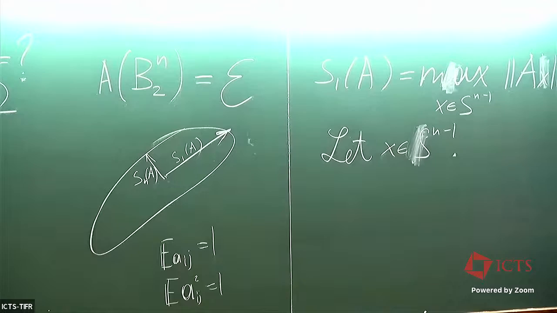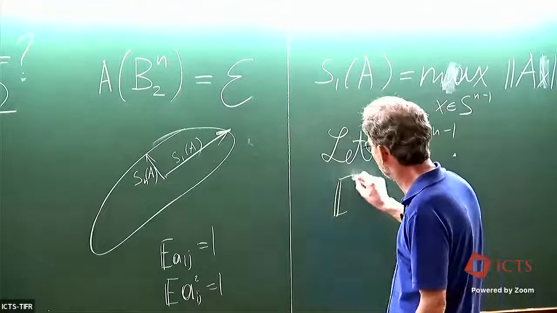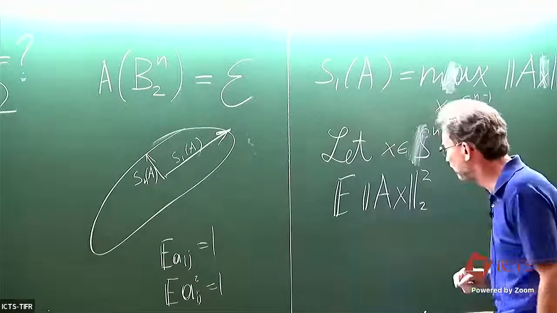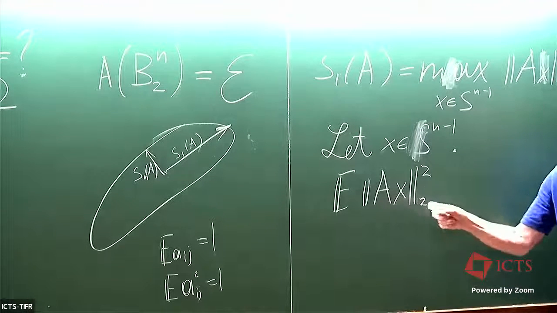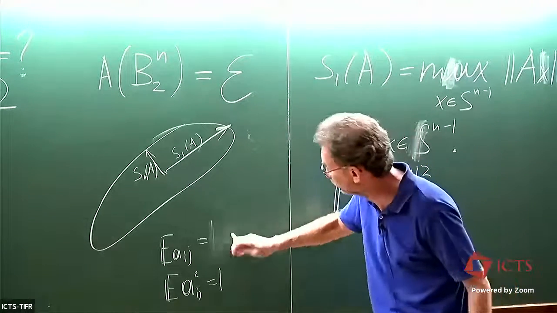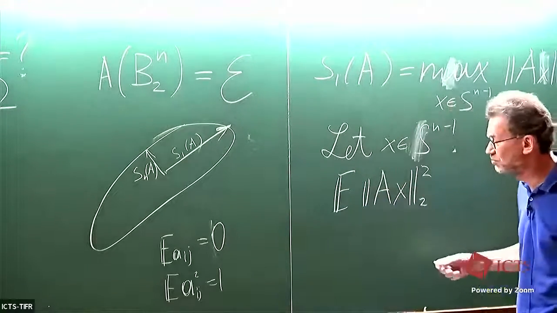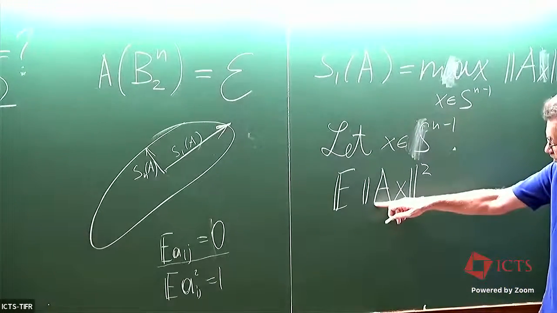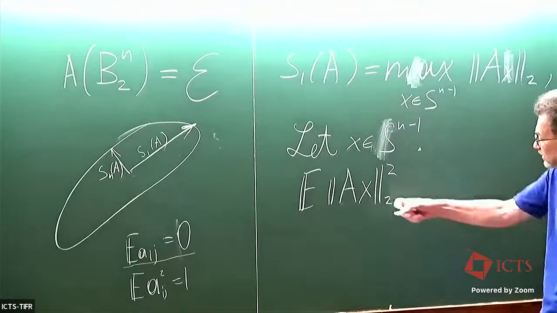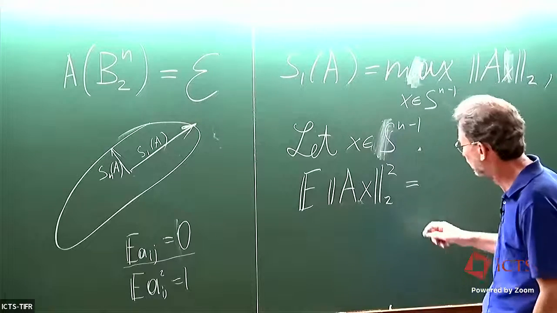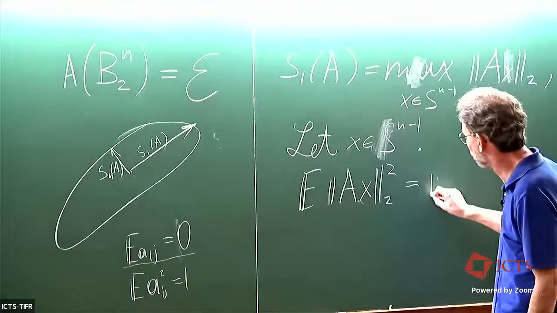Then it's an elementary calculation that if we take the norm of Ax and square it, this is a quadratic form of the entries of x, so it's easy to take the expectation. The mixed terms disappear because the entries are centered. The squares contribute 1, so we have the sum of squares of the coordinates times n, and this is going to be n.